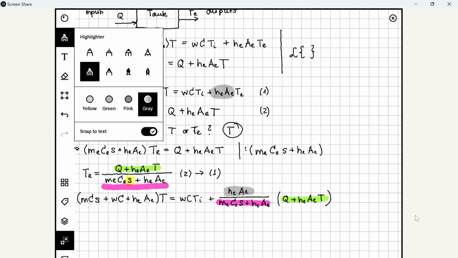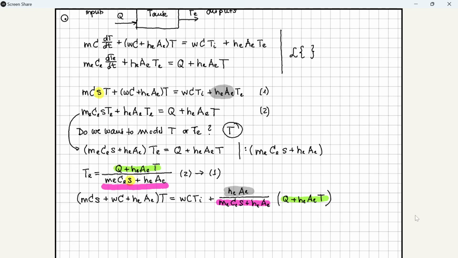So let's continue. Now we notice by doing this transformation, we got another factor of T in there. So this we have to put to the other side. And what we probably should first do is we multiply with the denominator over here, which is MECES plus HEAE.